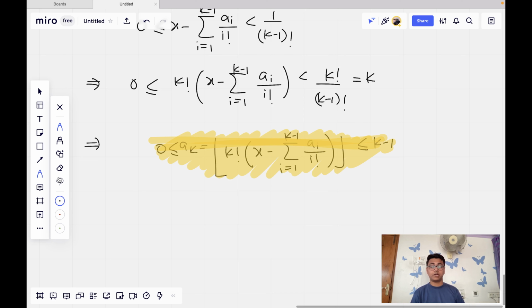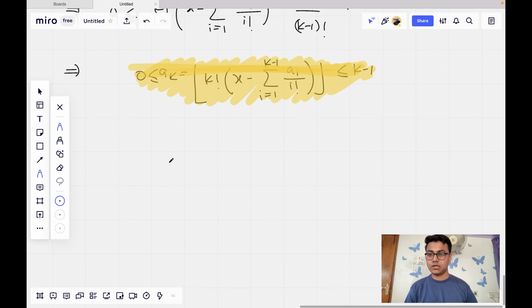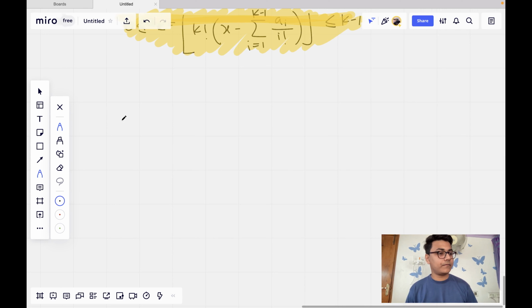But the question requires us to show that there exists a finite sum, and we will do just that. We need to show that the representation is finite. This is what we will do now.